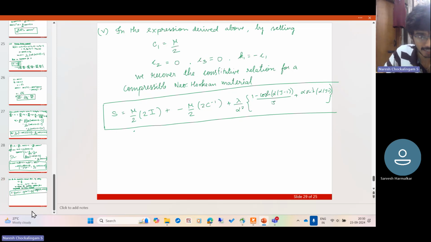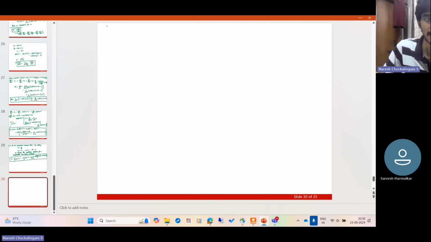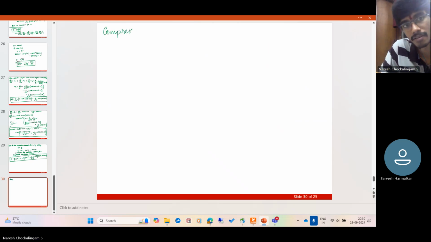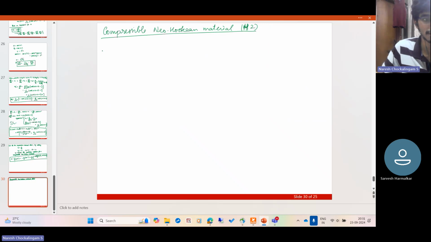Let me write the final expression for this different compressible neo-Hookean material. Let us call it neo-Hookean material 2, or H2. H2 is given as what? After making the simplification, this is problem 6.